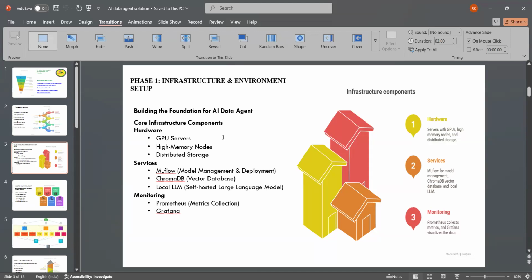Chroma DB provides the vector database for storing embedding data like a retrieval system, and the local LLM is a self-hosted large language model. The third one is monitoring: Prometheus metrics collection and Grafana. We are collecting real-time infrastructure metrics, and for Grafana we prepare a dashboard for the infrastructure and environment setup.